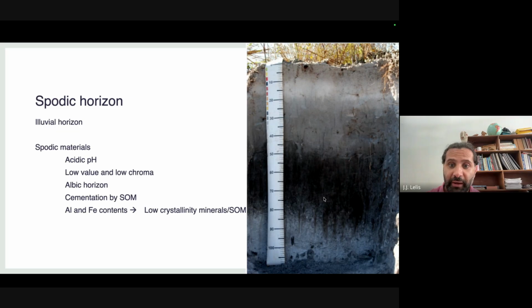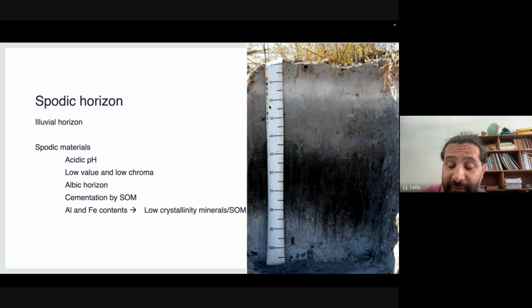And this organic matter will concentrate in that specific zone, creating a darkish horizon with a very strong dark color, okay? So it's quite common that in this case you find a B horizon with dark colors, because now the organic matter migrates from the surface to subsurface horizons, okay?